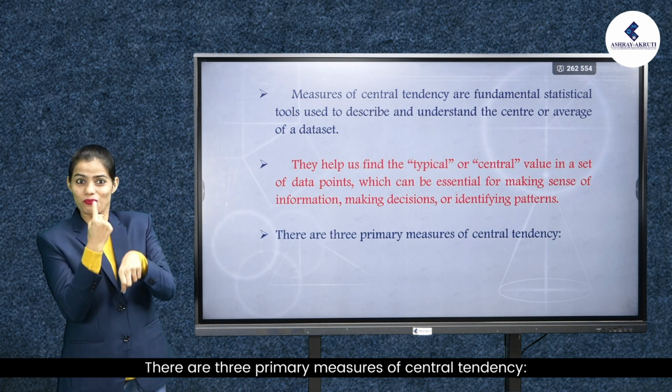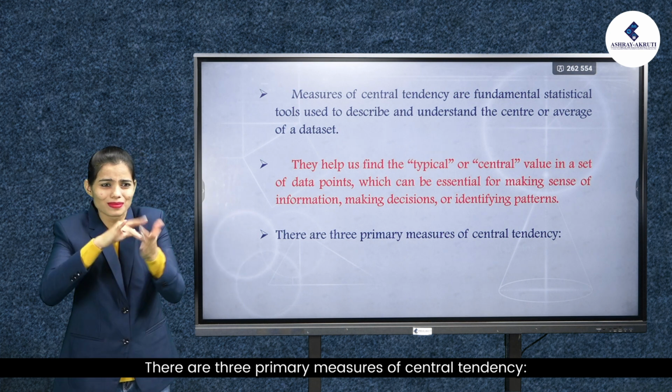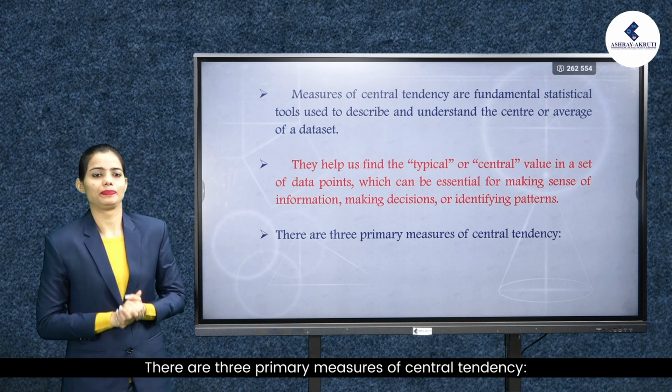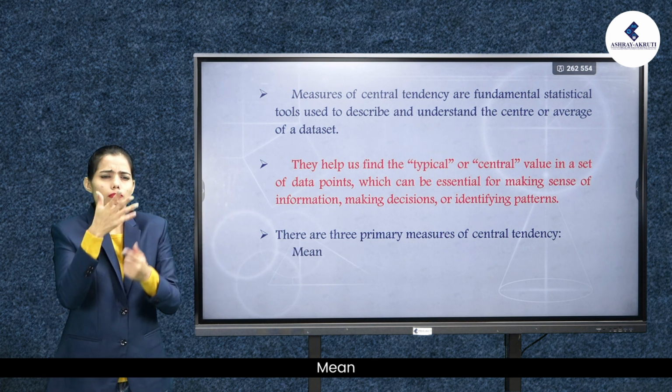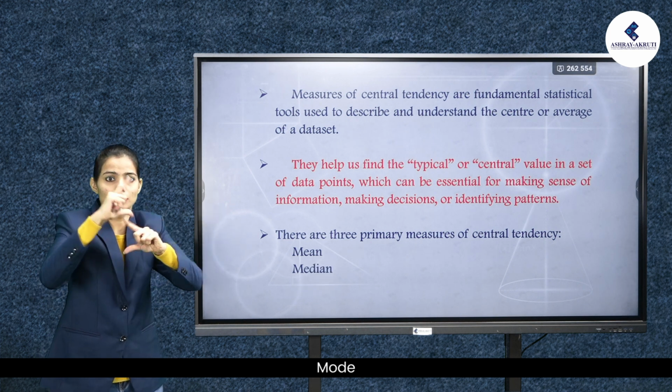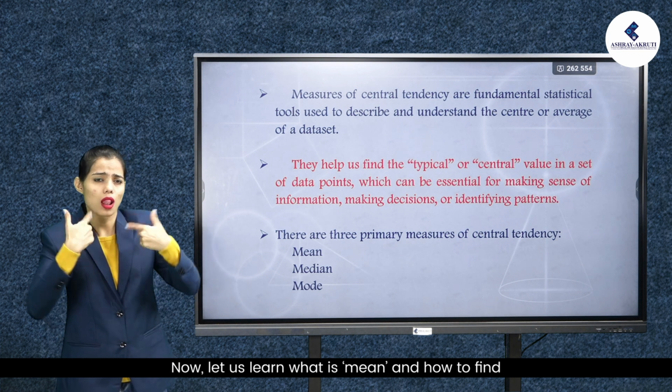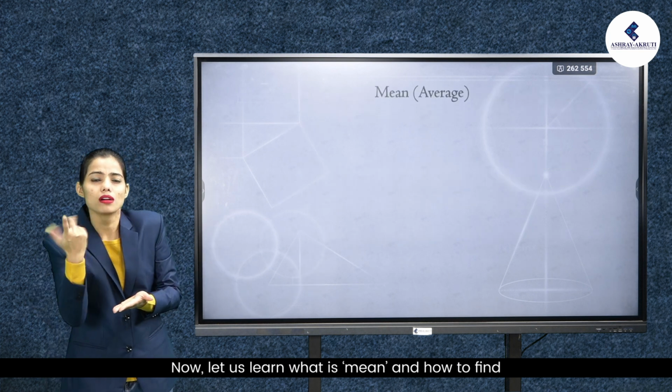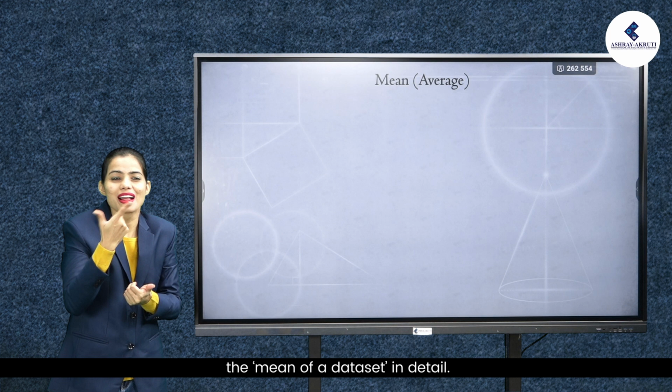There are three primary measures of central tendency: mean, median, mode. Now, let us learn what is mean and how to find the mean of a data set in detail.